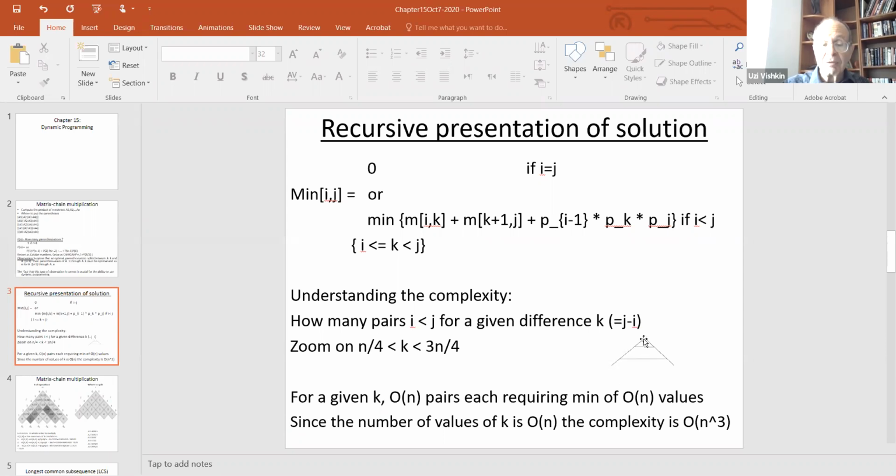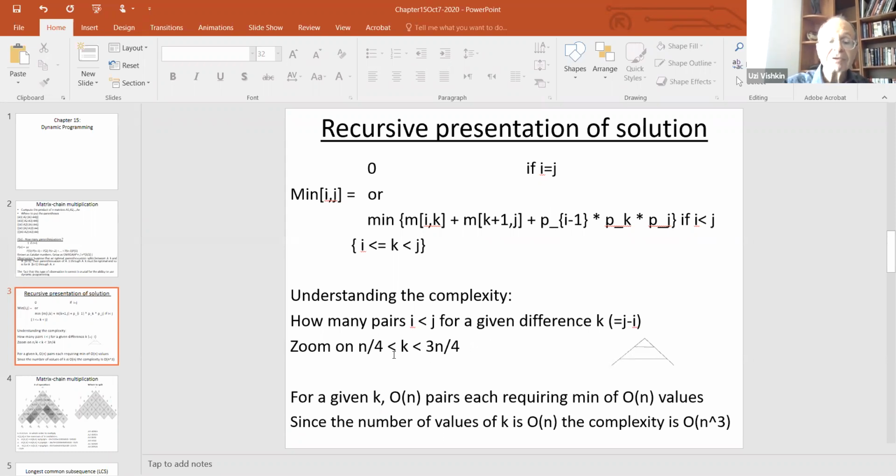If this is 1 and this is n, I'm going to look at the area between 1/4 of n and 3/4 of n. So here I'll have about half n between them.